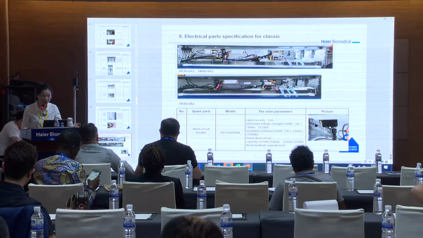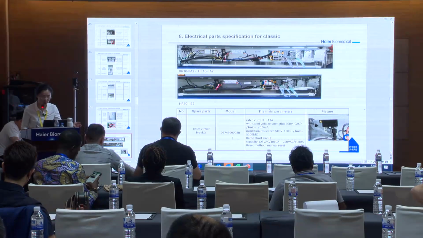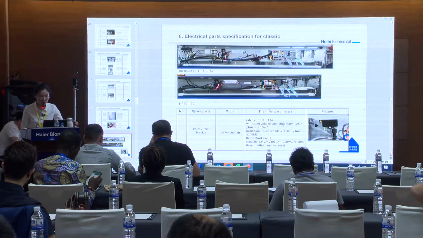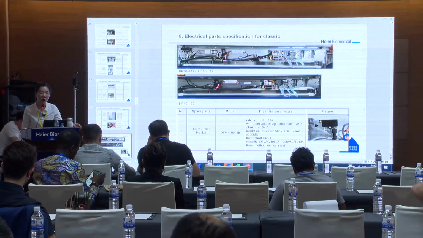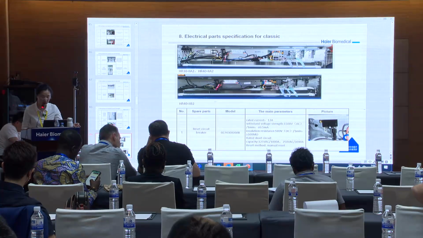This is the circuit breaker. This number is the spare parts number for this component. And we also provide the main parameters. The rated current is 12 amperes, the withstand voltage strength, insulation resistance is 500 volts, rated short circuit capacity, etc. So this is a picture of the component.